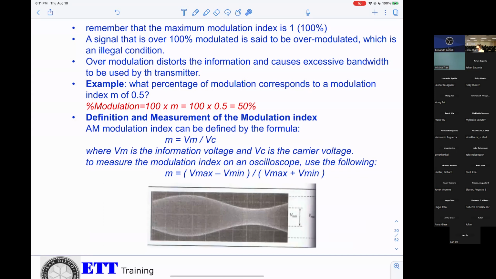Okay, to measure the modulation index on an oscilloscope, use the following: M equals V max minus V minimum, divided by V max plus V minimum.